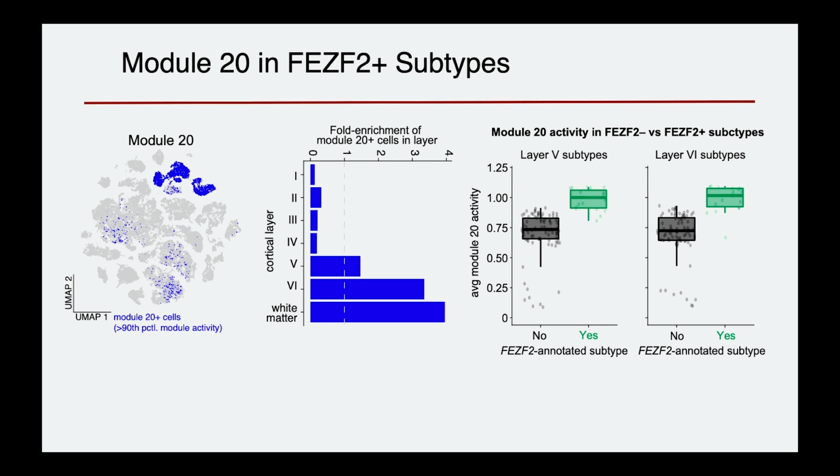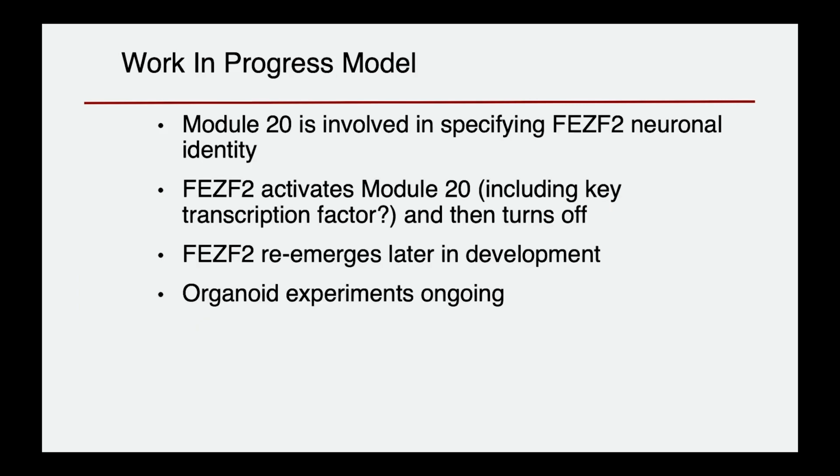We thought this was particularly interesting because FESF2 itself has interesting patterns where it comes on early in radial glia, but then disappears for a while. So we currently have a work in progress model that we're seeking to validate using the organoid system, suggesting that module 20 is potentially involved in specifying FESF2 neuronal identity, potentially by FESF2 activating this module, disappearing for a bit, and then coming on later in development to really define this terminal identity.